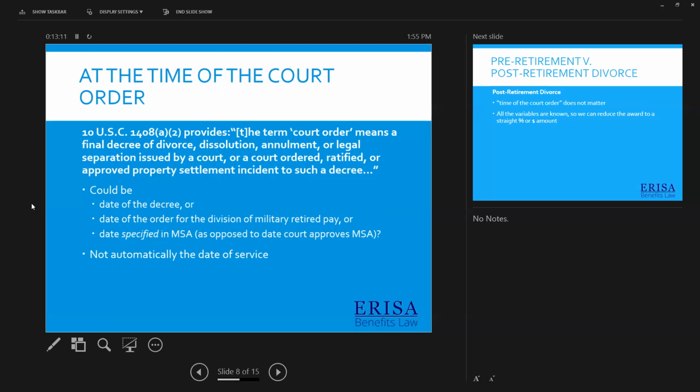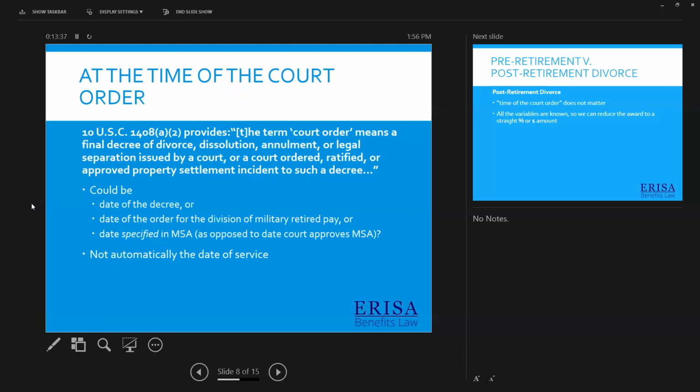But then the second part is the term court order means a court-ordered, ratified, or approved property settlement incident to a decree. So I think one natural reading of the statute and the definition together would be that the time of the court order certainly could be the date of the decree, if we have a decree that says what we're doing.